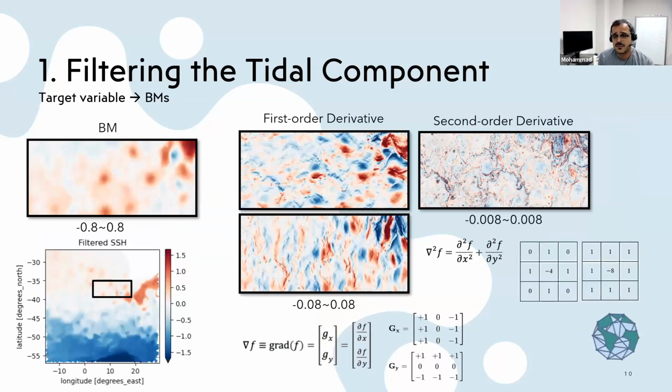This slide shows a visual representation of how first order and second order derivatives emphasize high frequency information. For the first order derivative, we used Prewitt kernels. And for the second order derivative, we used the Laplacian kernel. According to our experiments, we noticed that the isotropic form, which is the right one, performed better than the simple one.